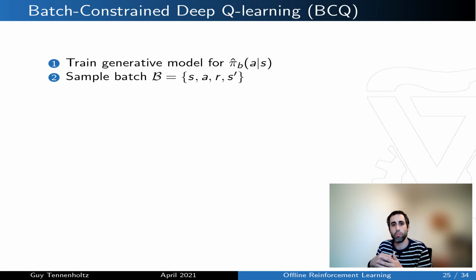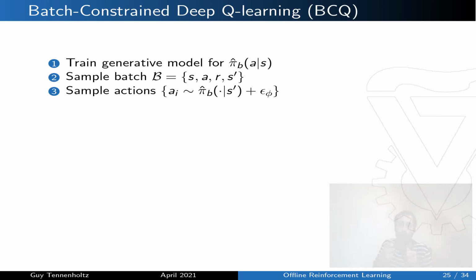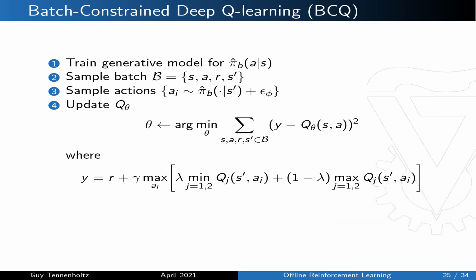Having this behavioral policy, we can sample a batch of states, actions, rewards, and next states, sample actions from this behavioral policy, and perturb them. So we want to act like the behavioral policy, but we allow some perturbation around the behavioral policy. And now we're going to update our Q function like we would have updated it in the general actor-critic framework.